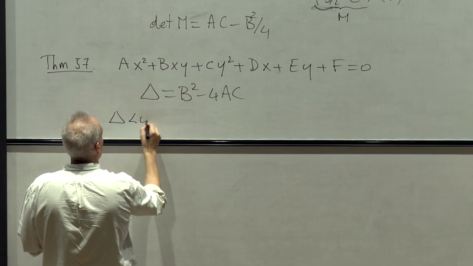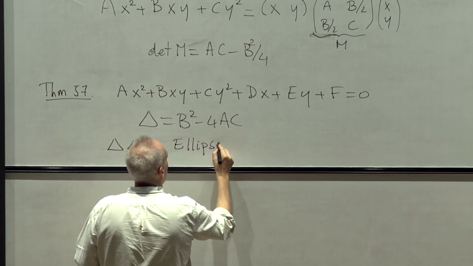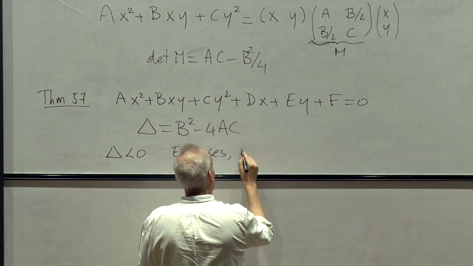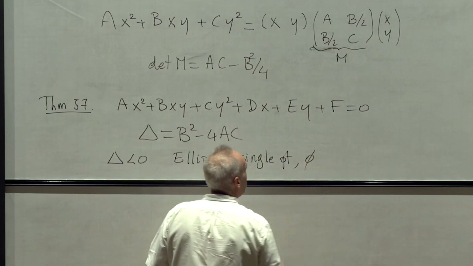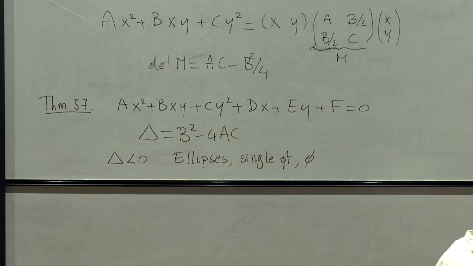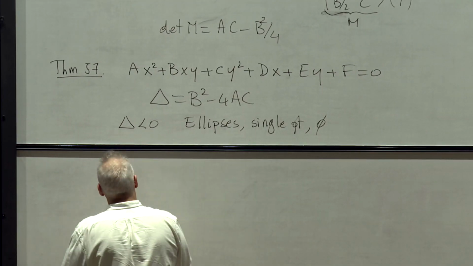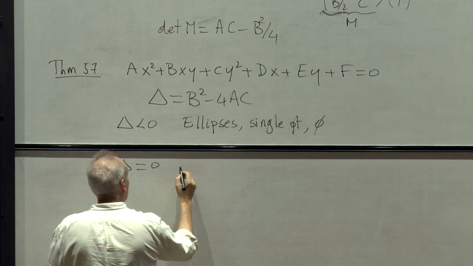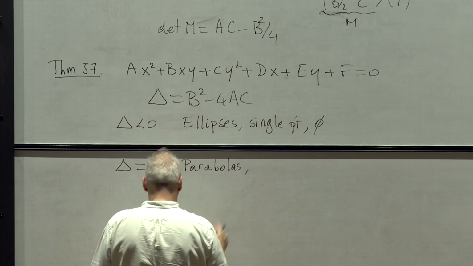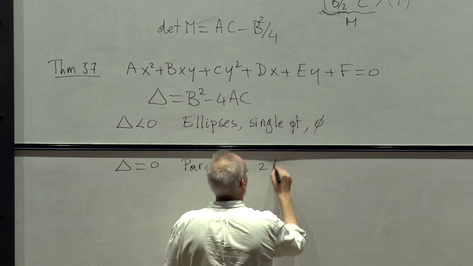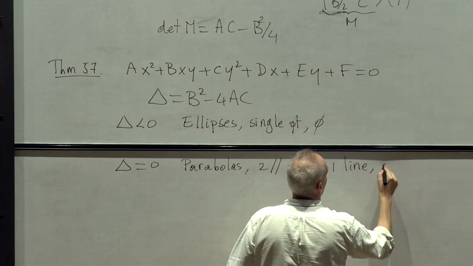I have delta negative, which is what we looked at, in which case I have ellipses, a single point, or the empty set. The single point is the apex of the cone, of course. If delta equals 0, we have parabolas, two parallel lines, one line, or the empty set.